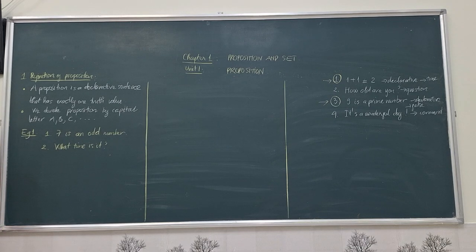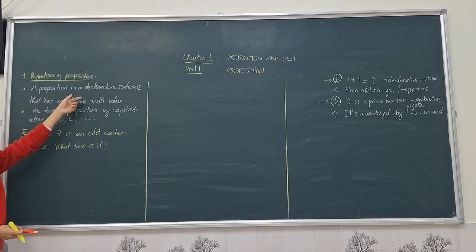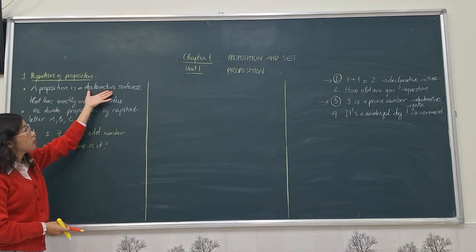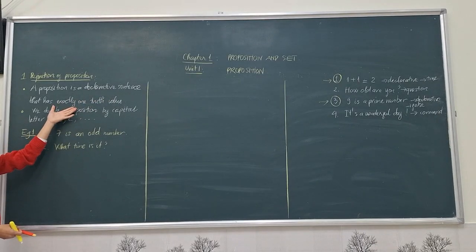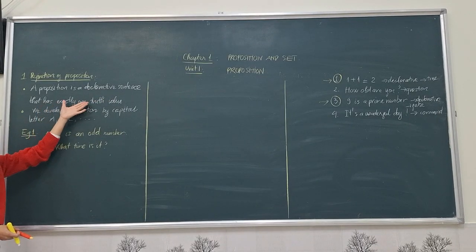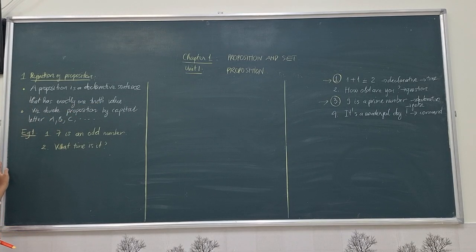Before we answer, reread the definition of proposition. A proposition must satisfy two conditions. First, it is a declarative sentence. Second, it has exactly two values.